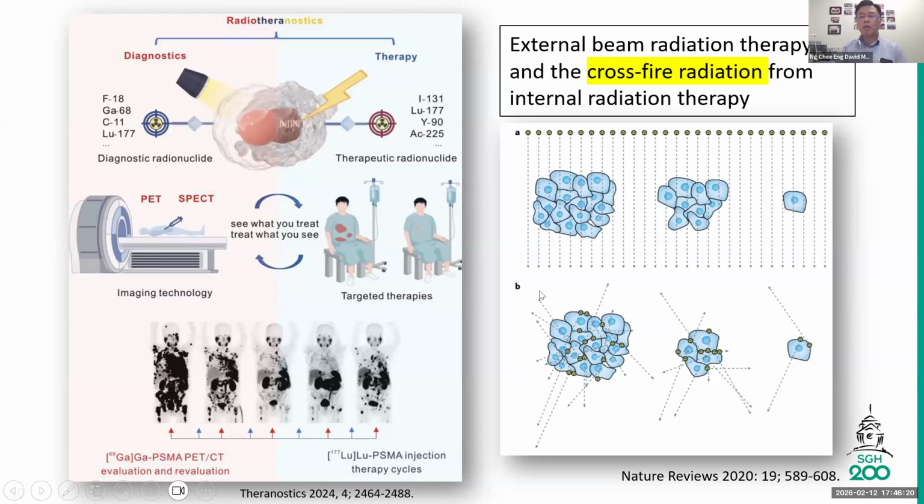The interesting thing about unsealed radiation treatment is that a lot of it is based on radiation crossfire, and that introduces interesting concepts because, unlike external beam radiotherapy, which is more focused and linear, unsealed source radiation is more random. That introduces interesting challenges, such as how you quantitate the radiation dose to a tumor, for example.